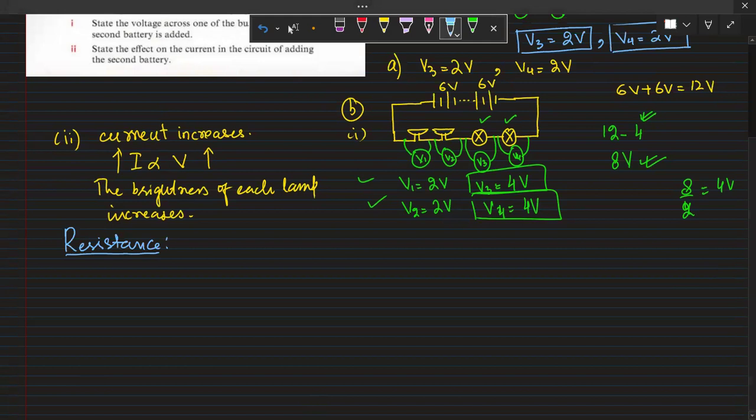For example, conductors have very low resistance as compared to the resistance of insulators. So resistance is a property of the material to oppose the flow of charge.